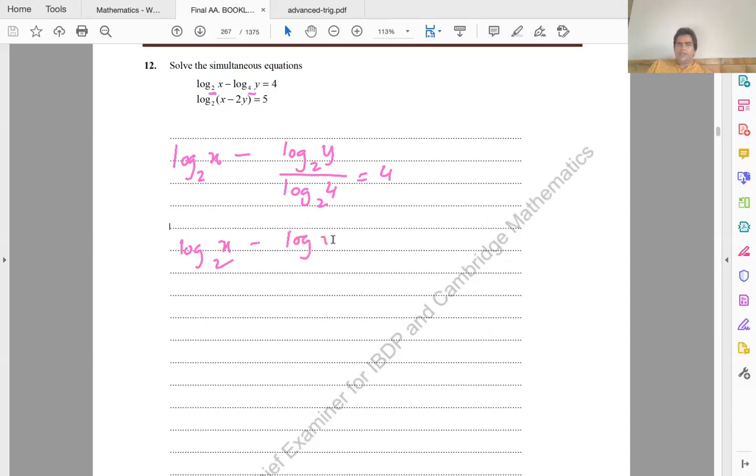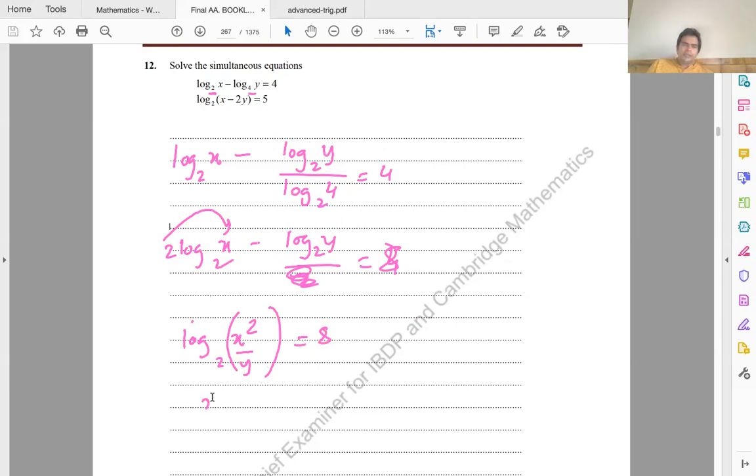So it becomes log y to the base 2 upon 2, and all of this equals 4. If I multiply everything by 2, this gets cancelled, and you get 8. If you write this as a single fraction, you get log of x squared upon y to the base 2, because you can push this back in power, equals 8.